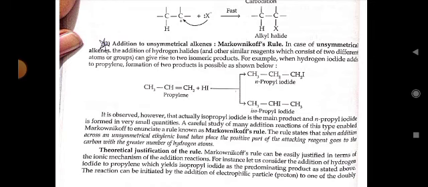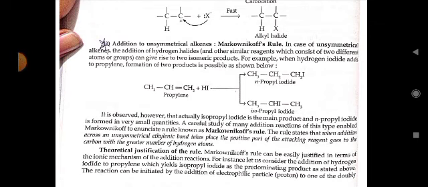Theoretical justification of the rule. Markovnikov's rule can be easily justified in terms of the ionic mechanism of the addition reaction. For instance, let us consider the addition of hydrogen iodide to propylene, which yields isopropyl iodide as the predominant product.